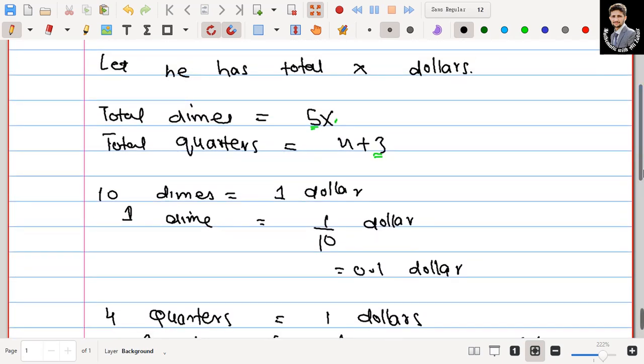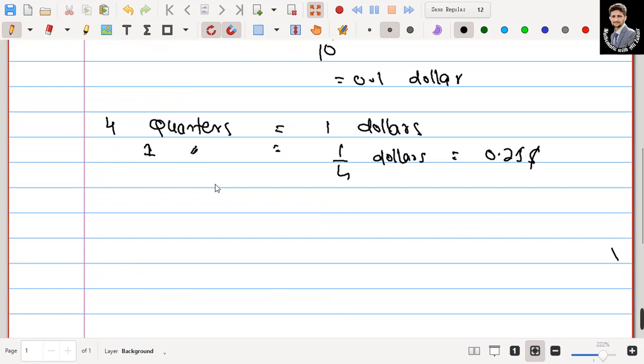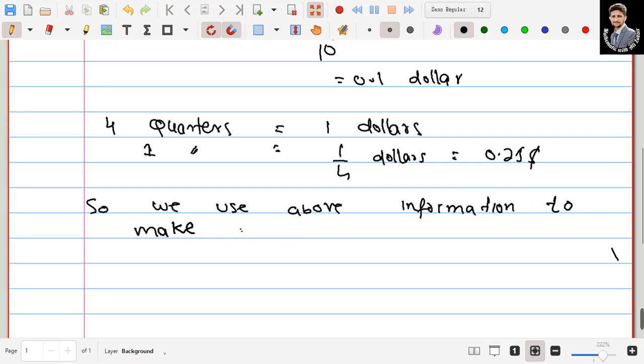Now from these conditions, I have to set an equation, and then solve the equation to find the number of each coin. So we use the above information to make an equation, and the equation is simple.